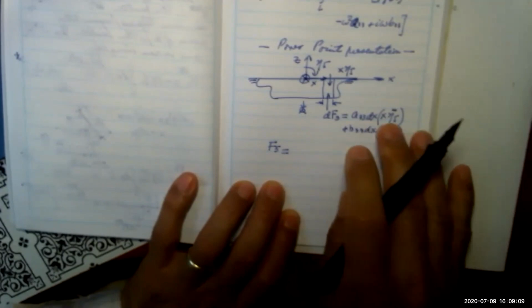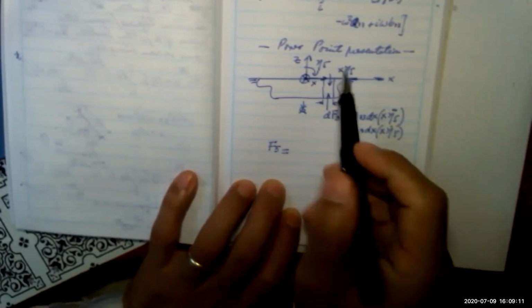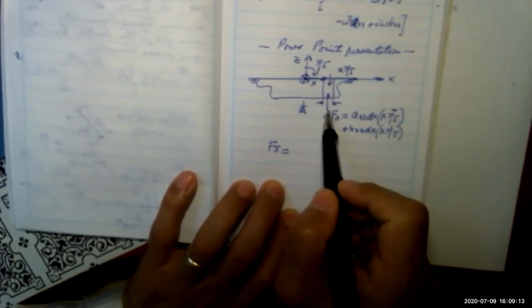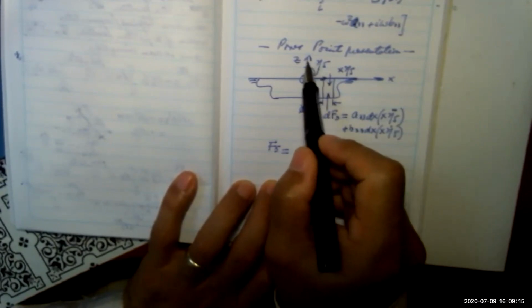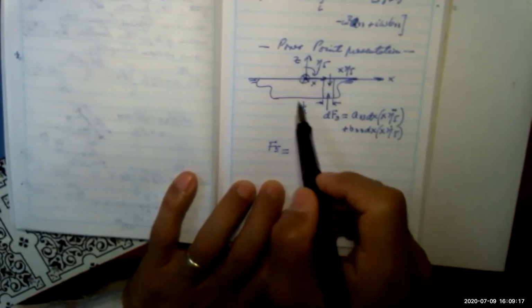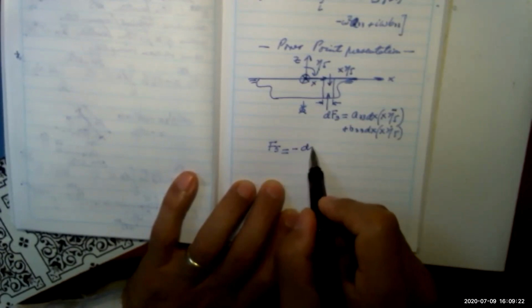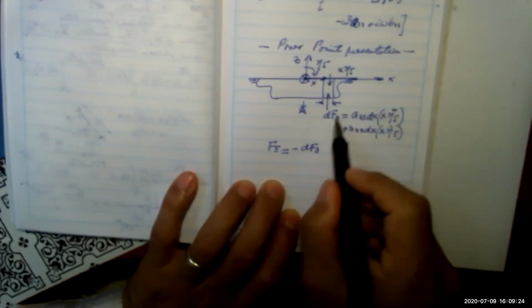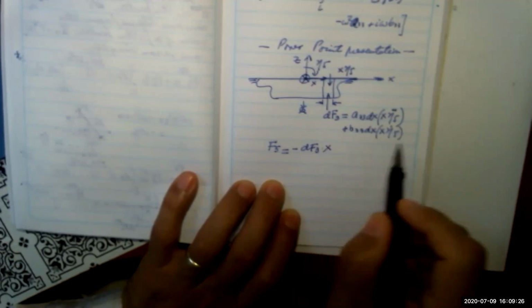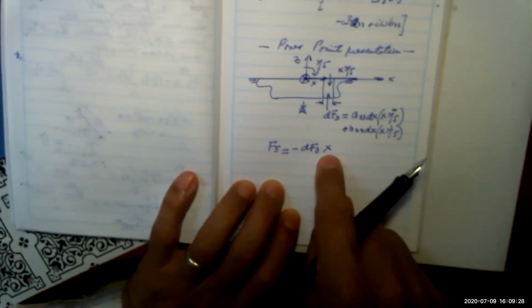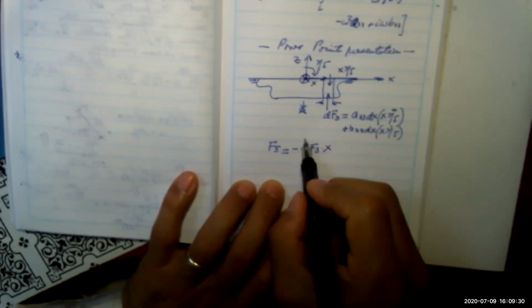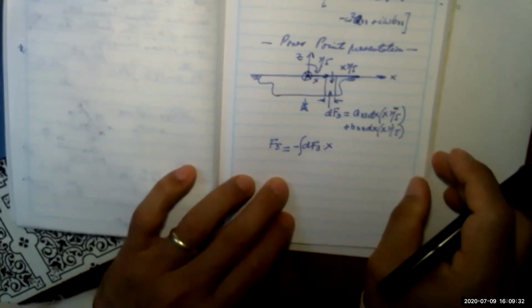There's no incoming waves, nothing, just because of the motion. Since it points in this direction, it tries to make it rotate in that direction. So it's going to be minus dF3, this force here, times x, because this is the arm. And we integrate.